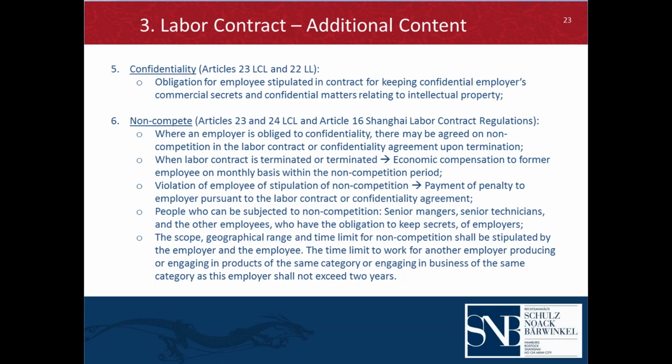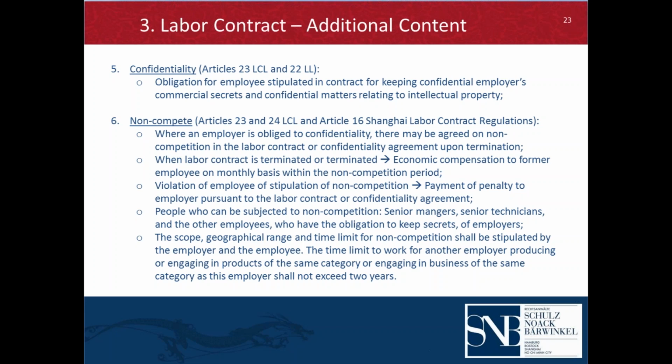So this is a typical example where local law is quite important, because different locations have different requirements. It could be 30%, but also could be 50% of the previous average salary before the contract has ended.